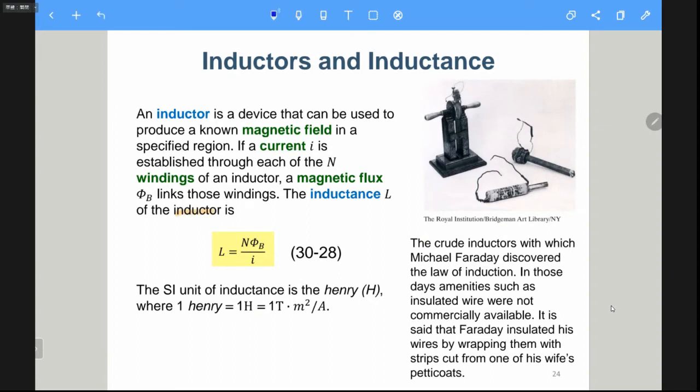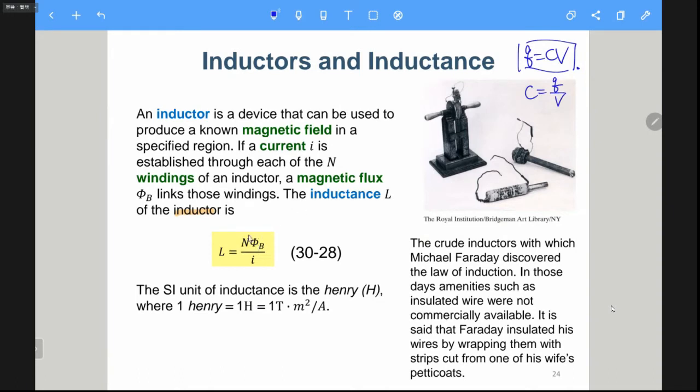Something like the definition of the capacitance is Q equals CV. This is the definition of the capacitor. The definition of the inductor is this one: the magnetic flux divided by the current. C will be Q over V, the charge divided by the voltage difference.